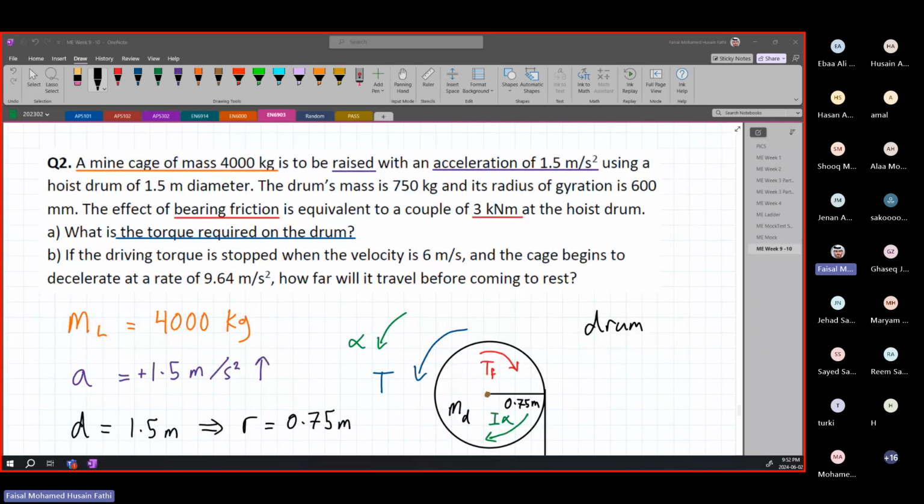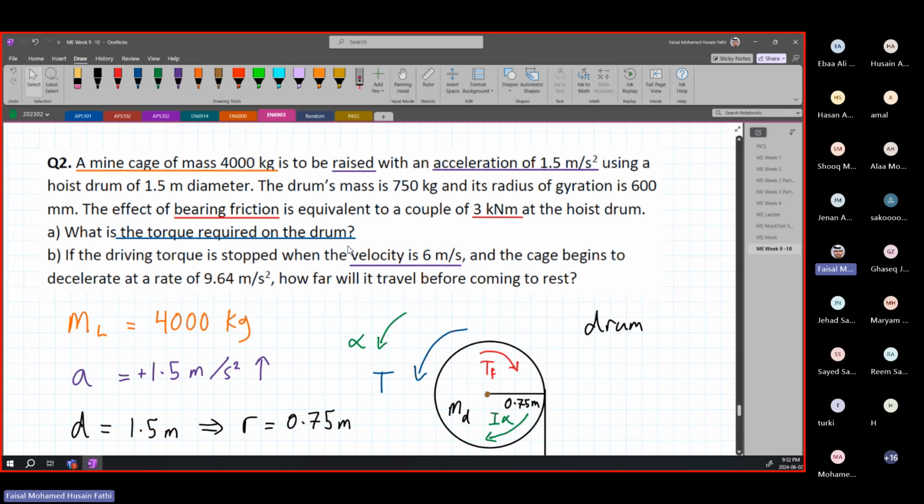So let's look at the numbers that we have here, okay? So the first thing is we have V0, which is 6 meters per second, all right? Because this is our initial point, right? Before the cage begins to decelerate, the driving torque is stopped when the velocity is 6 meters per second.